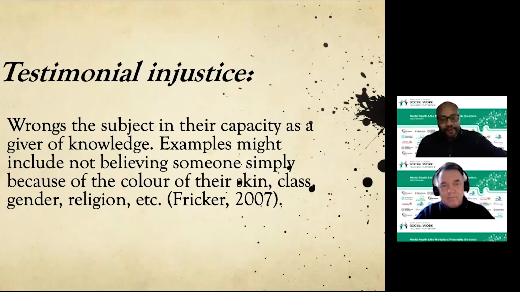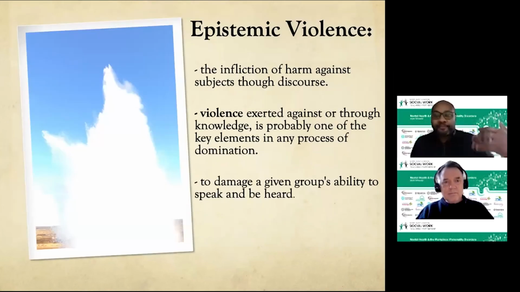The step further, and I think what's more important, is that it's not just the act of ignoring someone, but it can be perceived as what's called epistemic violence. And that's the infliction of harm against people through discourse, and also their erasure as beings of knowledge. It's not just not believing their testimony, it's not believing they're capable of providing knowledge.